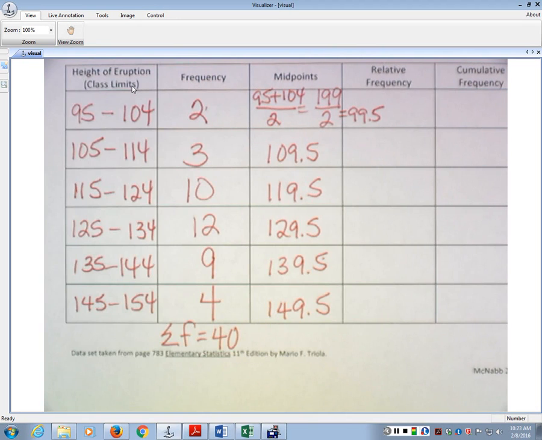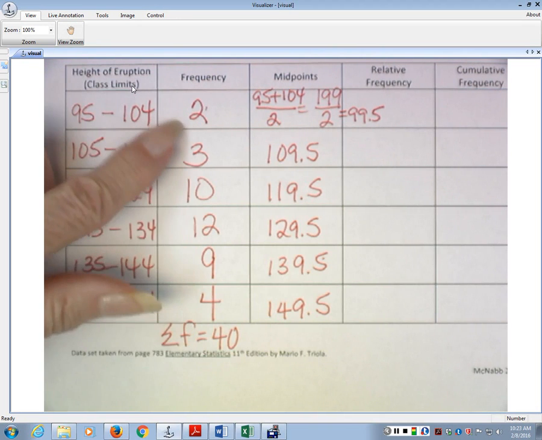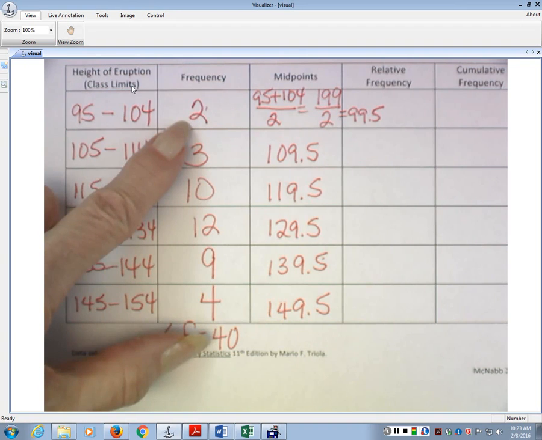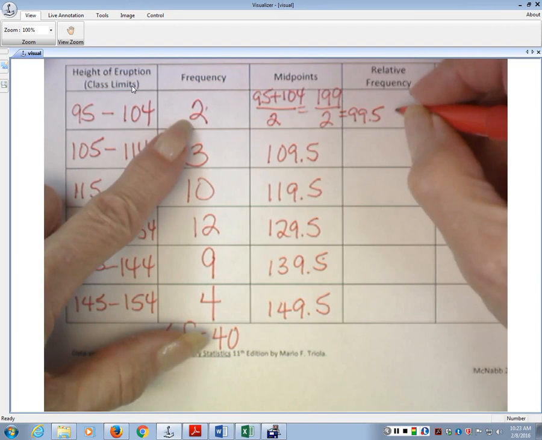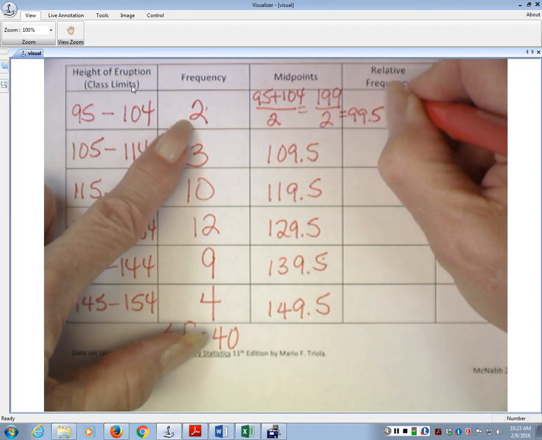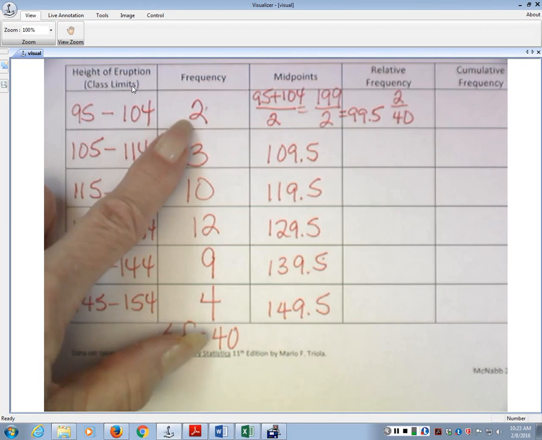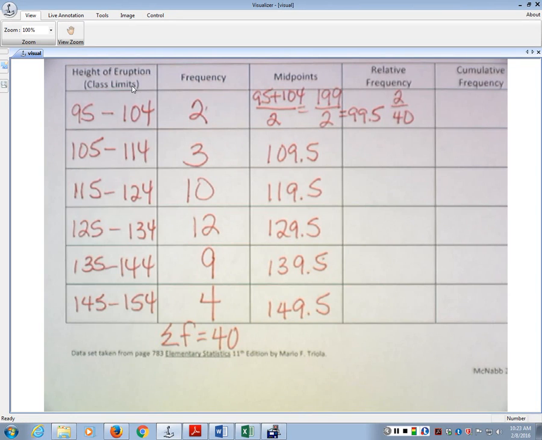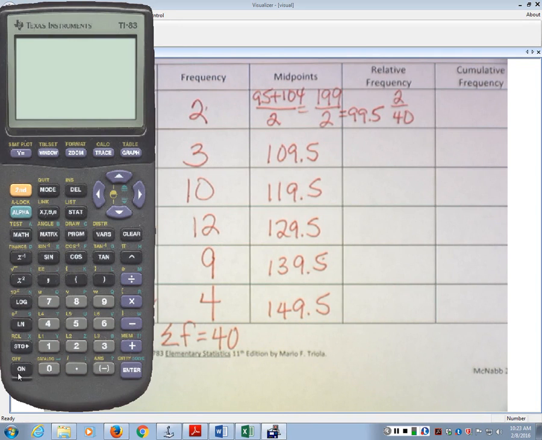Relative frequency is the frequency of that particular class divided by the total number of data pieces. So the relative frequency here will be 2 over 40, or 1 over 20, which is what decimal value? A little arithmetic review here.